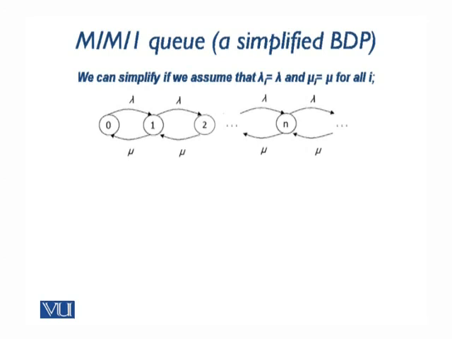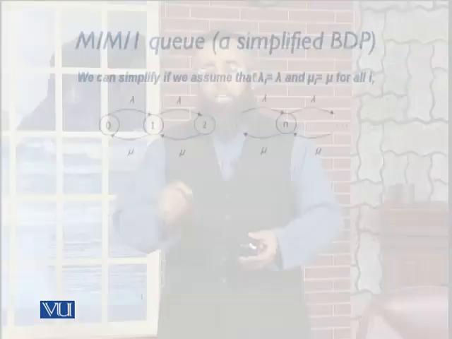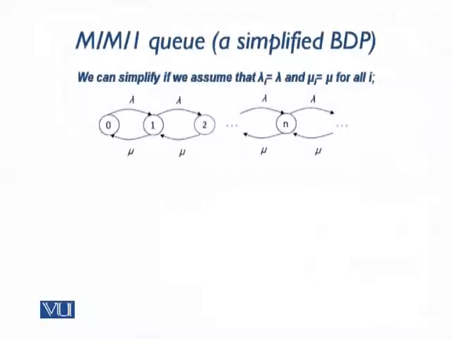So we can drop all the subscripts that we had earlier, and we can have a clearer and simpler expression of the probability distribution of being in different states. Let me reiterate this. This may be obvious, but the probability of being in a state is actually the probability of having that number of customers in the queue. So P0 is the probability of having 0 customers in the queue.